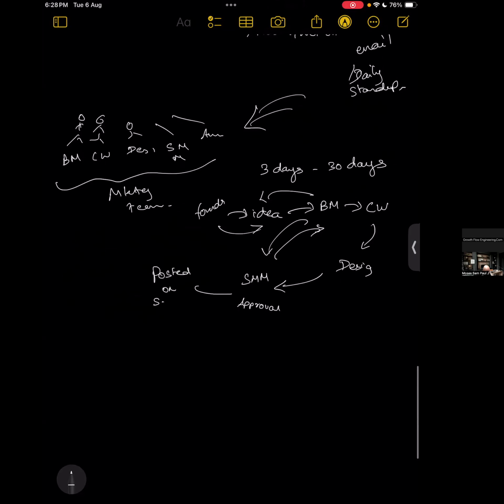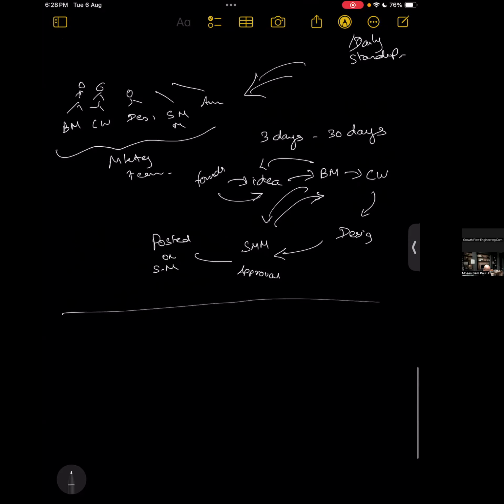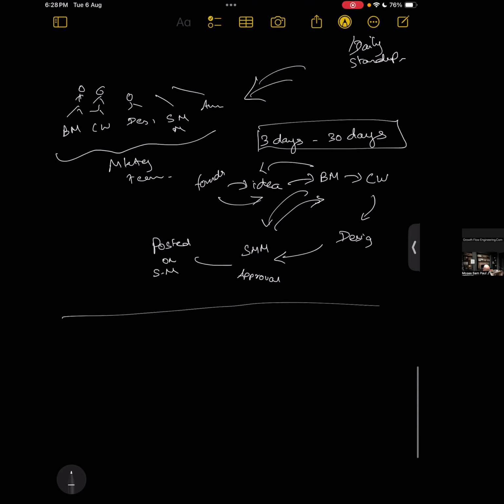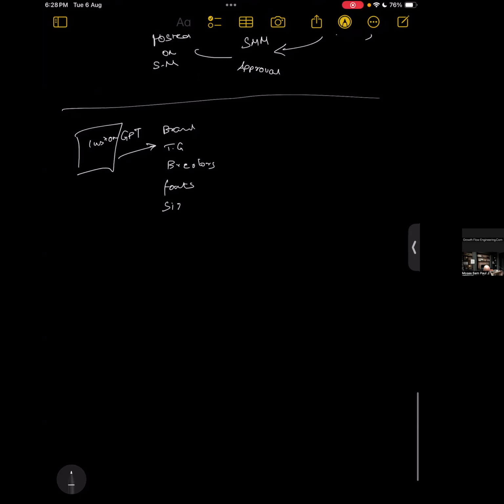on social media, okay? Now imagine, instead of all these things, which take 3 to 30 days, you open up your custom GPT, which already knows what your brand is, who your target customer is, what your brand colors are, and your fonts, what's the size, basically your brand guidelines, let's say.